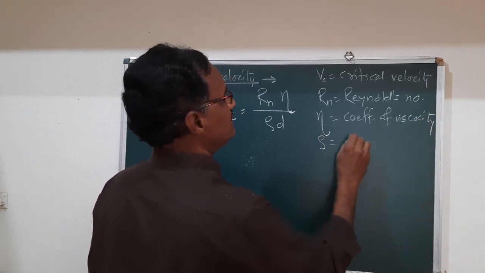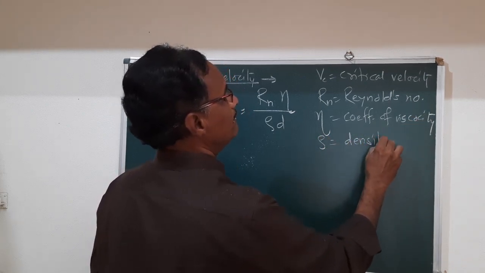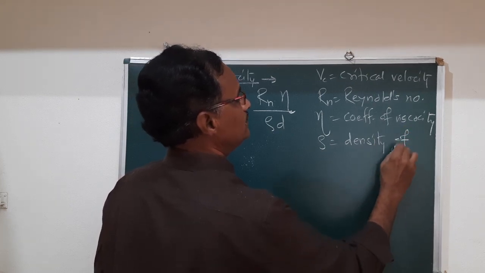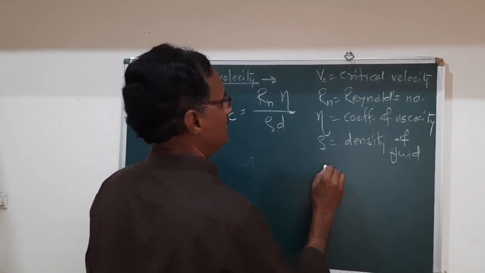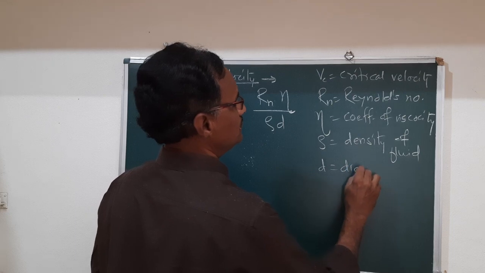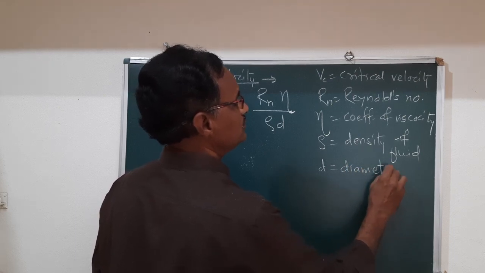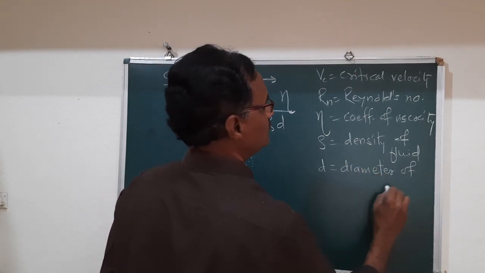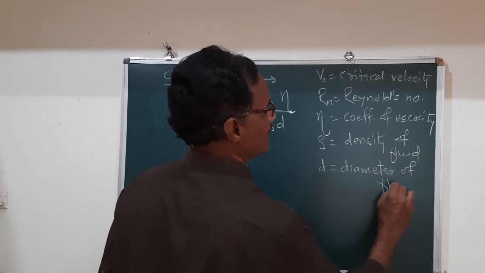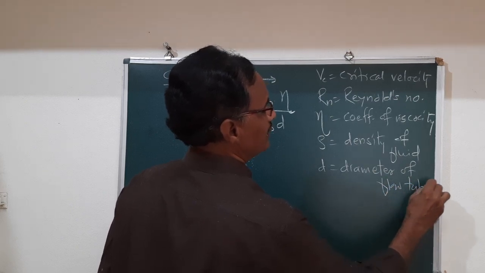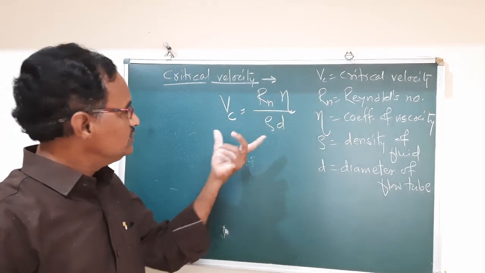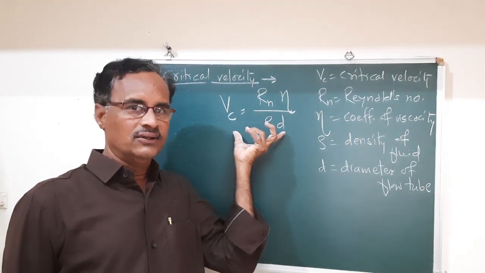Rho is the density of the liquid or fluid, and d is the diameter of the tube in which the fluid is flowing. By using this formula we can calculate the critical velocity.